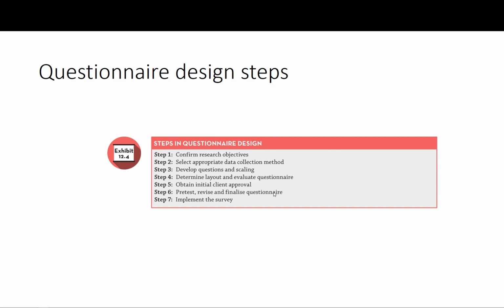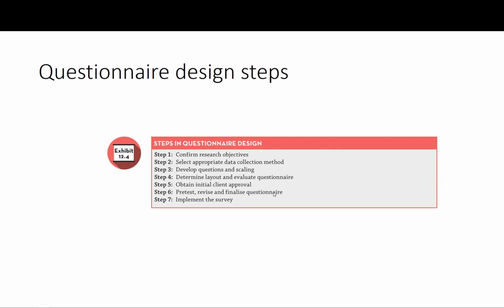Because if you're doing something like a mall intercept questionnaire or data collection method, there needs to be fewer questions, simpler scaling, in order to get someone to spend time with you on the street completing the answers. Whereas if it's a self-completion questionnaire online, the scaling can be more complex and more questions are feasible, and people are more likely to complete it if you have slightly more questions than on a mall intercept questionnaire.